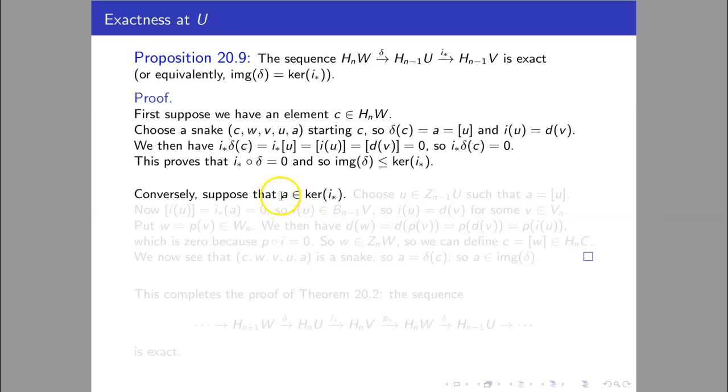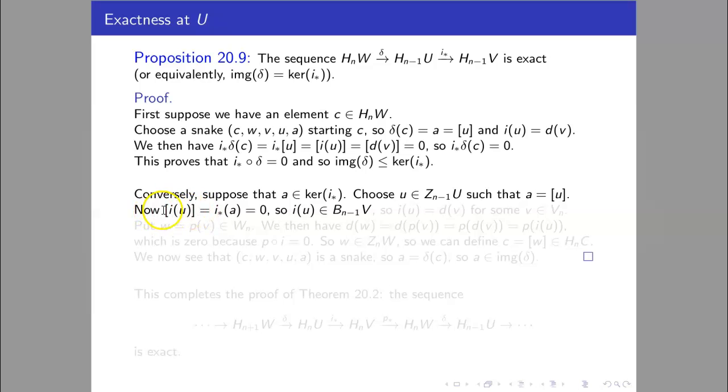So we choose a class A in the kernel of I lower star. So A is a homology class over here, in Hn-1 U, so we can choose some representing cycle. U is in Zn-1 U, so A is square bracket U, dU is 0. If we look at square bracket IU, then that's just the same thing as I lower star A, but I lower star A is assumed to be 0 because A is in the kernel of I lower star.